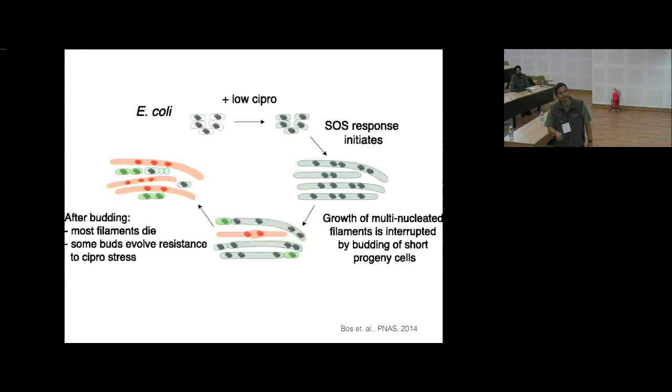Every now and then, one of these filaments buds off a little guy, which they found is resistant to the antibiotic. And some guys just die off. Eventually you get a little bacterium that's healthy and resistant, and then it starts to grow and divide normally.